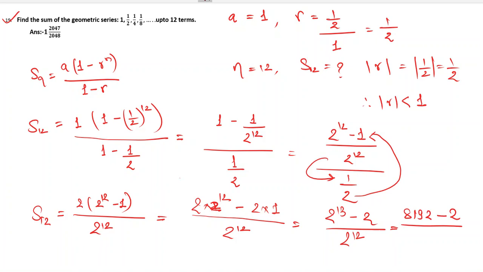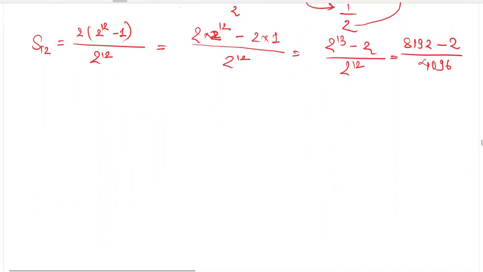Now 2 raised to 12 is 4096. So we have got 8192 minus 2, that is 8190 upon 4096. Now you can bring it into lowest terms.